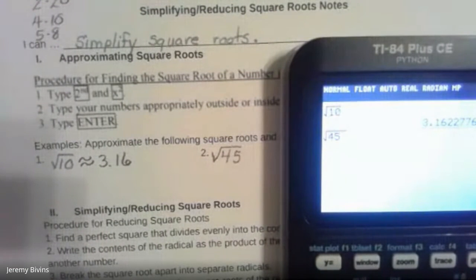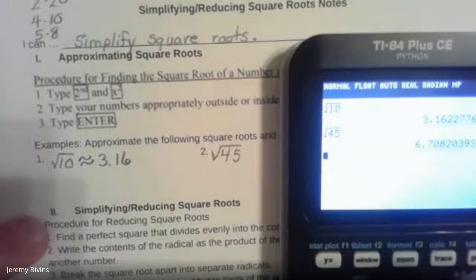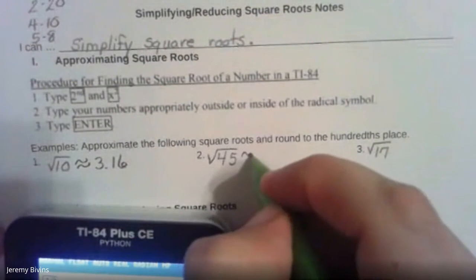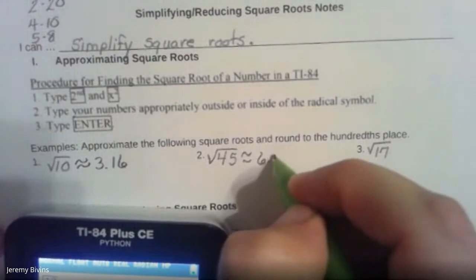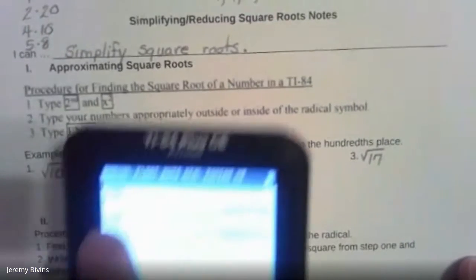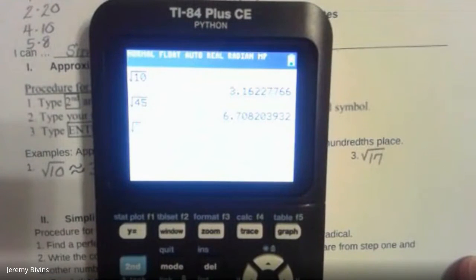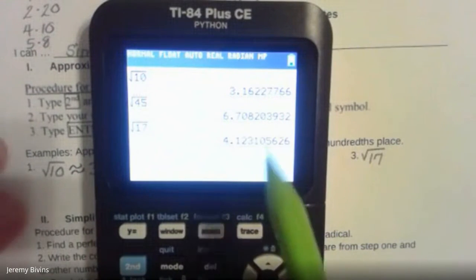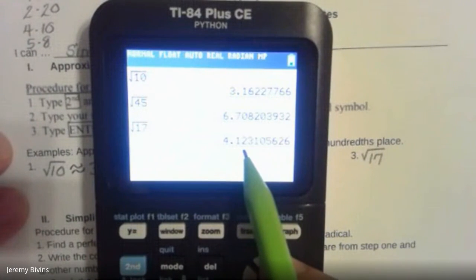All right, next, square root of 45. We'll type it in, just the procedure we've been doing. 6.708. The 8 tells me to round the hundredth on up to a 1. All right, and finally, square root of 17. 4.123.